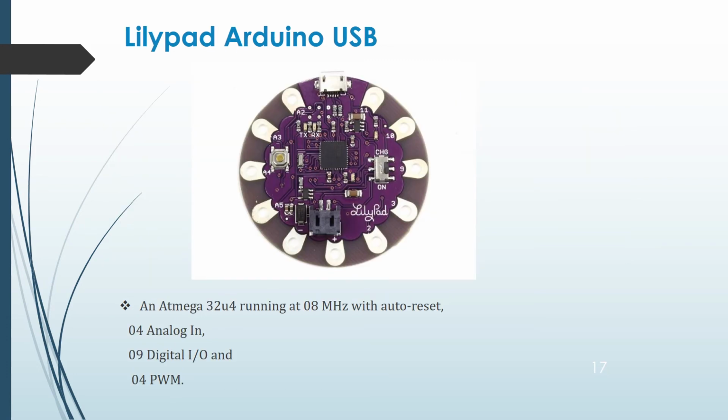Next, LilyPad Arduino. This is said to be a USB as well because we can directly use it. It is an ATmega32U4 running at 8 MHz, coming under the category with auto reset facility again. It has 4 analog input and 9 digital input output and 4 PWM.